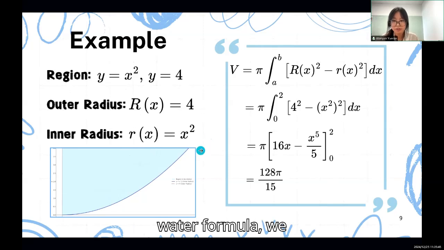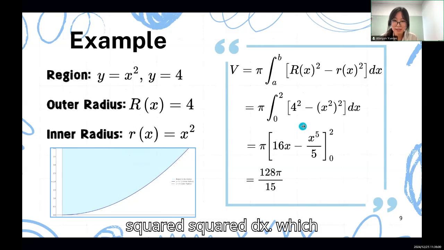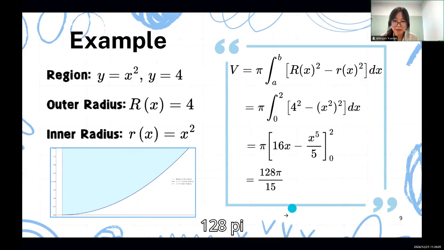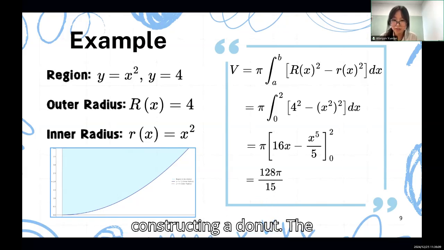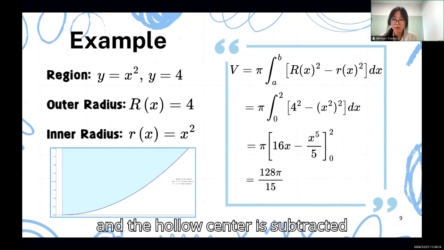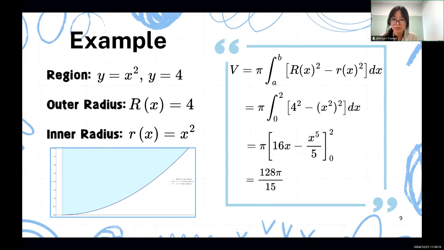Using the washer formula, we calculate the volume as V equals pi times the integral from 0 to 2 of 4 squared minus (x squared) squared dx, which equals 128 pi over 15. Imagine this as constructing a donut. The outer shape gives the structure, and the hollow center is subtracted to get the final volume.